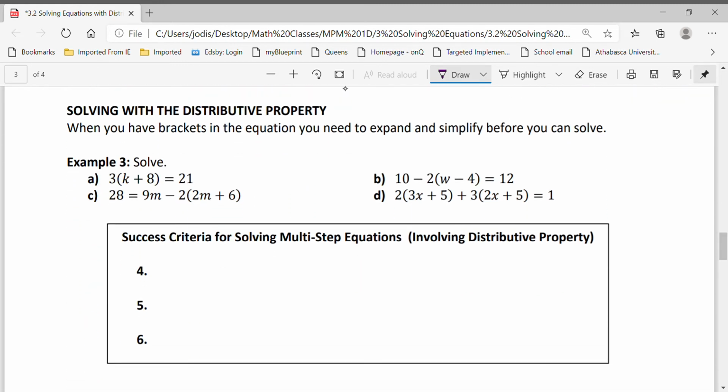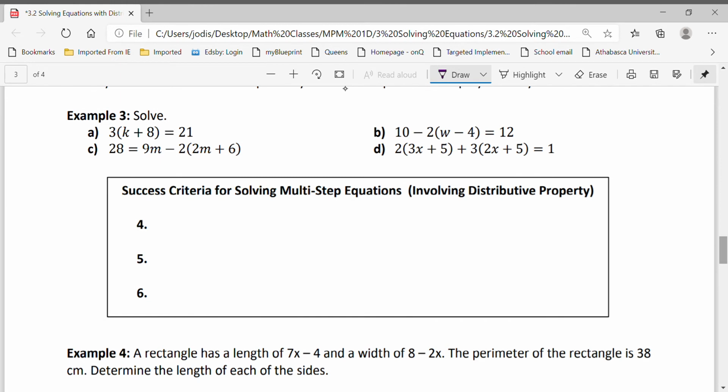Okay, so now let's move on to solving with the distributive property. In this case, we have brackets in our equation. So when we have brackets, we're going to need to expand and simplify before we can actually solve. So we're going to write some success criteria first, and then we're going to try and solve these.